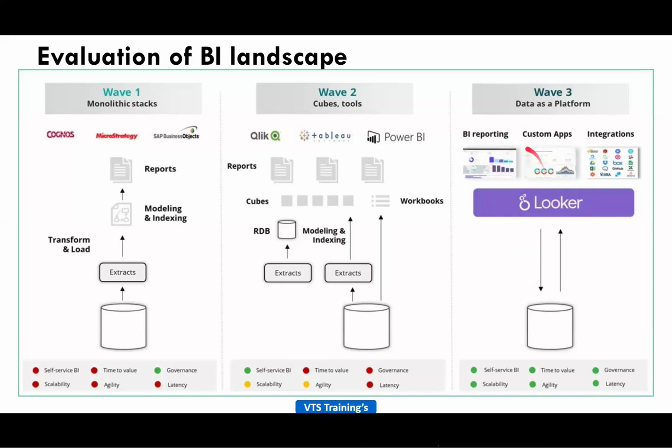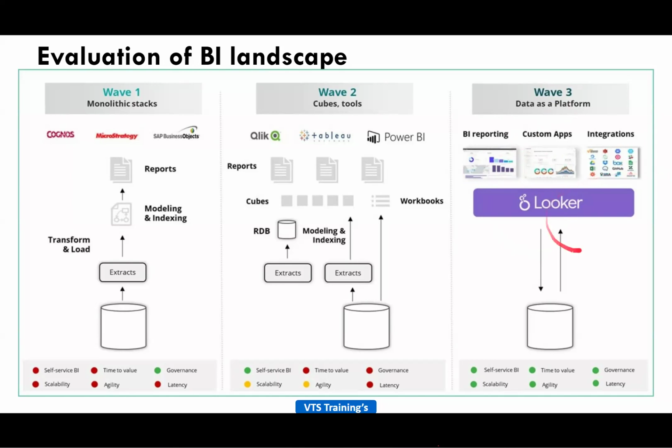So it is not only a BI platform, Looker. It is a complete data platform. Why are we calling it a complete data platform? It provides the reporting, and even using Looker, we can create custom apps. It can easily integrate with Slack, Teams, Box, Google Drive, Excel, and GitHub.